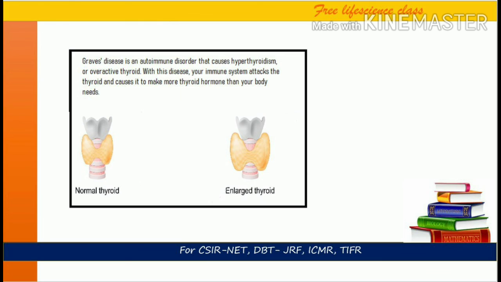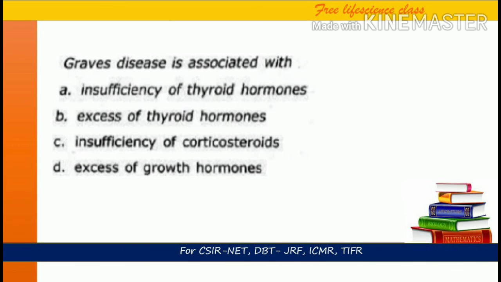With this disease, your immune system attacks the thyroid and causes it to make more thyroid hormone than your body needs. Here you can see two pictures, that is normal thyroid and enlarged thyroid. This enlarged thyroid is due to the overproduction of thyroid hormone. So the answer for this question is option B, that is Graves' disease is associated with excess of thyroid hormone.